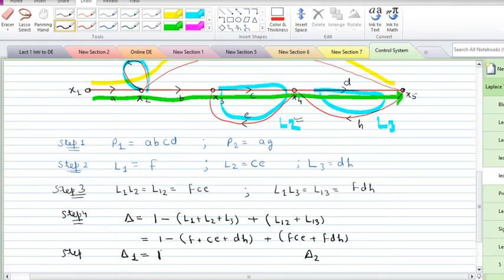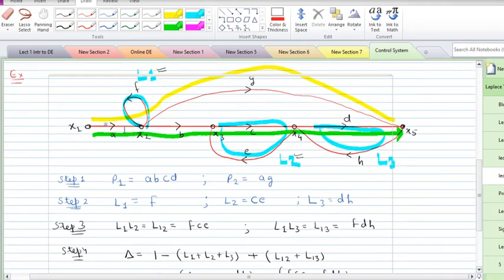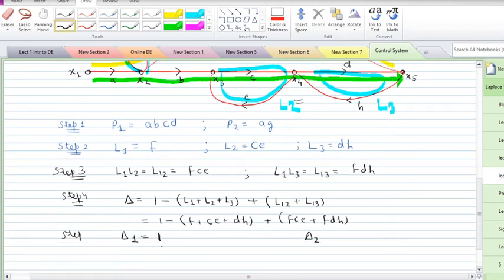Here you can see that every part is connected to or touching this forward path P1, so the path factor will be 0. It means whenever there is no portion which is not connected to a particular path, you subtract 0 from 1, and that will be the respective path factor.